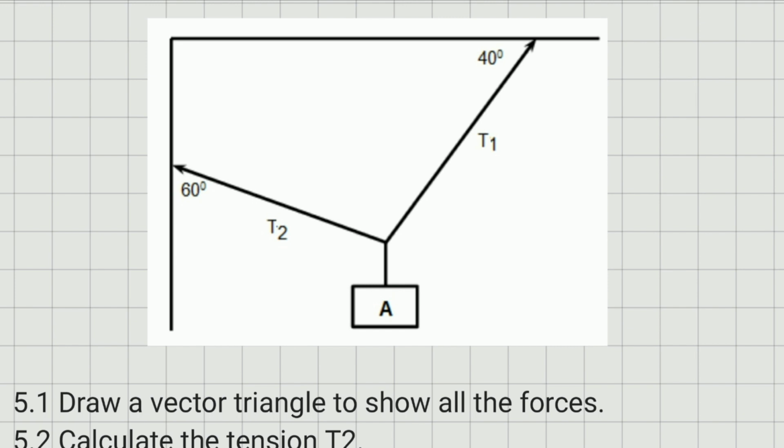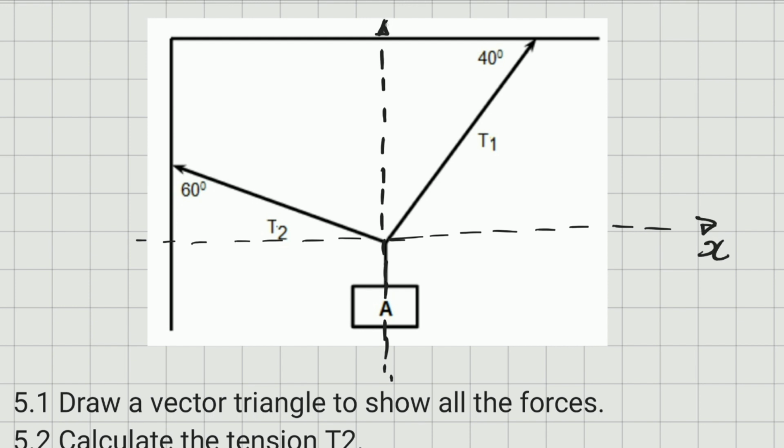Now let's first of all draw the axis real fast here. This one here is the x-axis and this one here is the y-axis. Now we have T1 and T2. These are the symbols they're using. So let's draw those vectors real quickly in a vector diagram. Here this is T1, and on the other side you have T2.